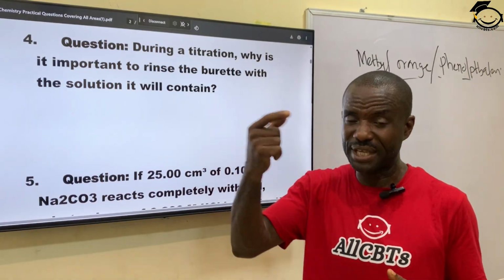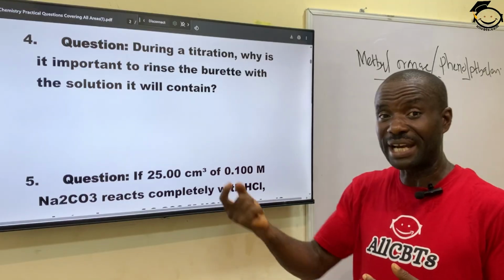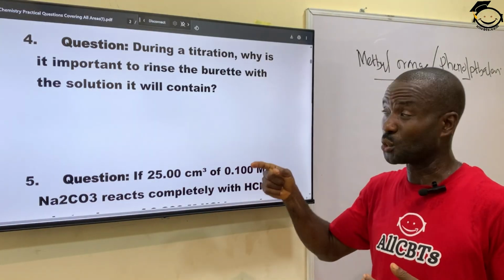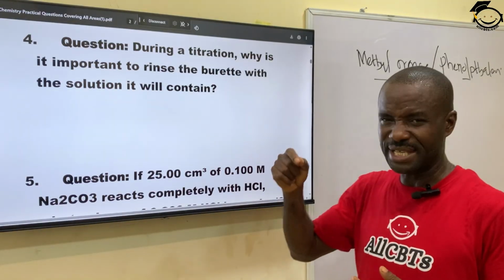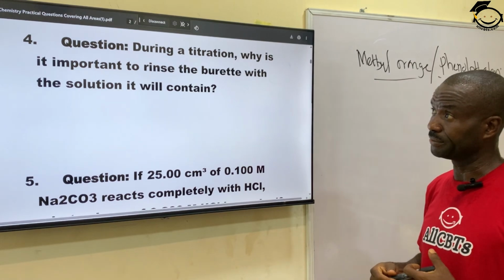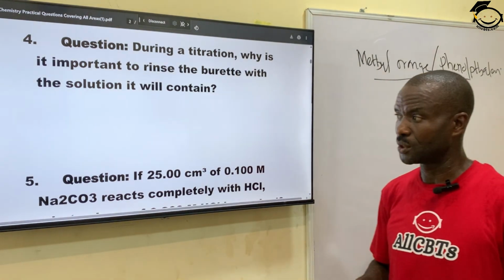So if you put it directly without rinsing, you are overdiluting the acid in the solution. So it is better to rinse this burette with the acid it will contain to avoid overdilution.